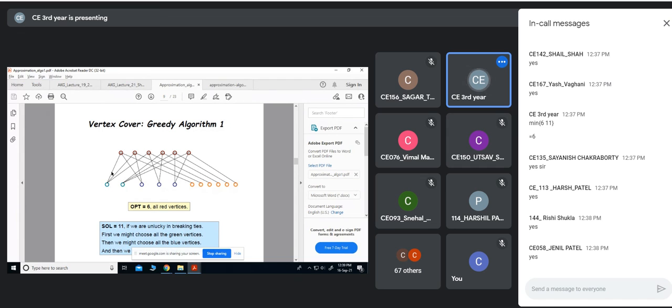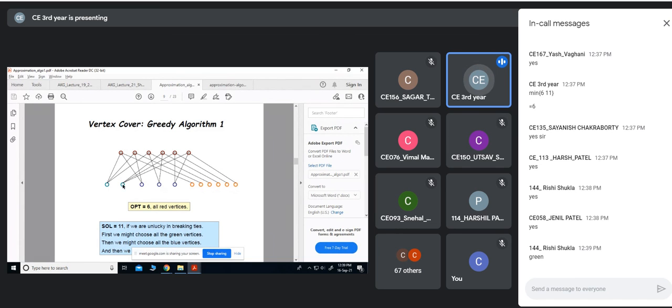Again a green one, right? Are you getting me or not? So first we might choose all the green vertices.